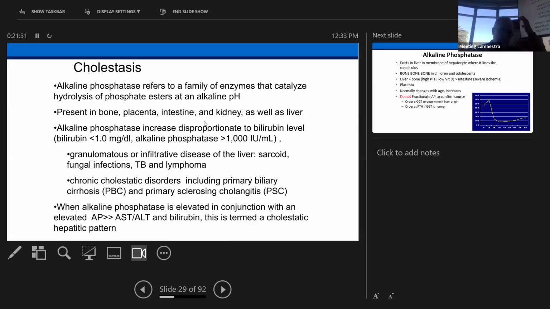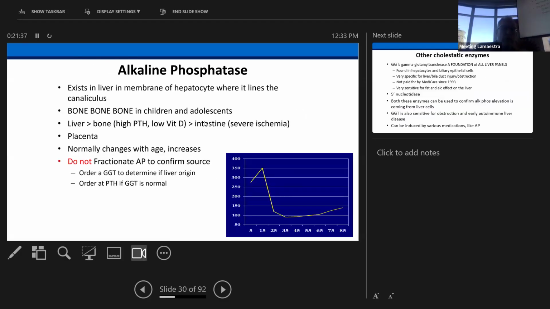I need to fix the spelling on here. And primary sclerosing cholangitis. Alkaline phosphatase, this just gives you a graph how high it can be in adolescence. Sometimes I fractionate the alkaline phosphatase, but most commonly I use the GGT to determine if it's coming from liver or from bone.